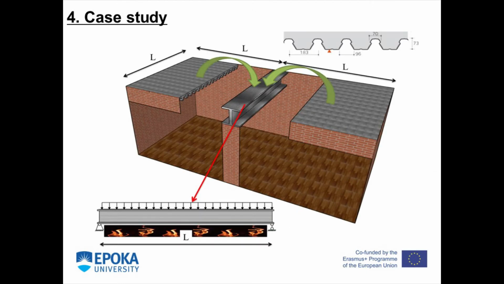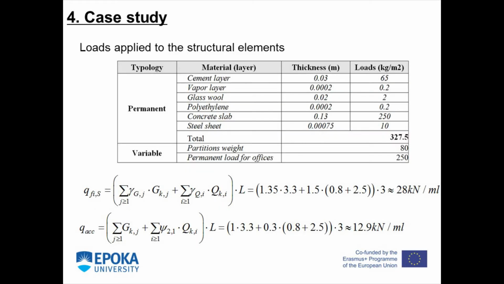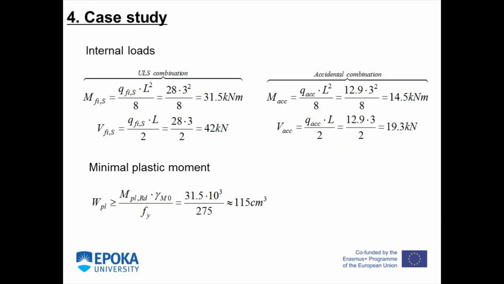In the following, the method is applied to the case of a steel beam with a span of 3 meters. Loads applied to the structural members are calculated with the equation.